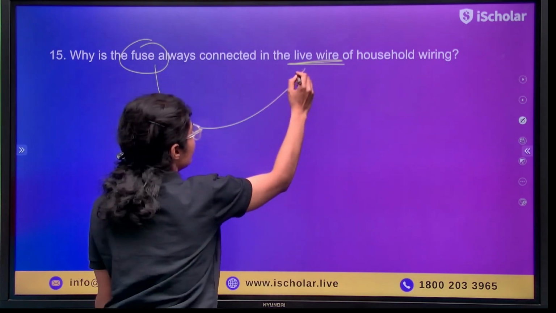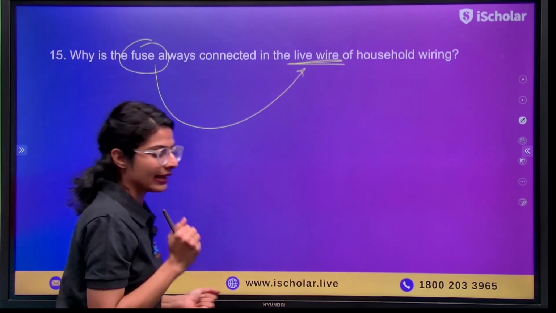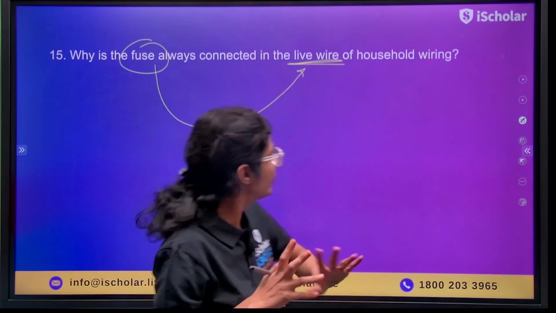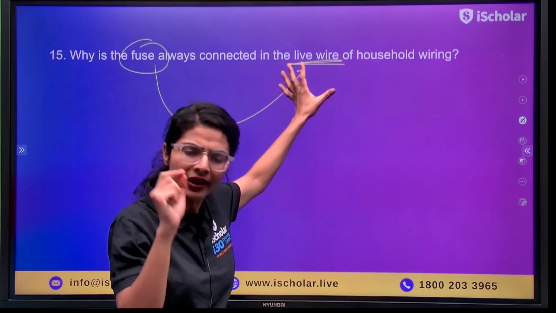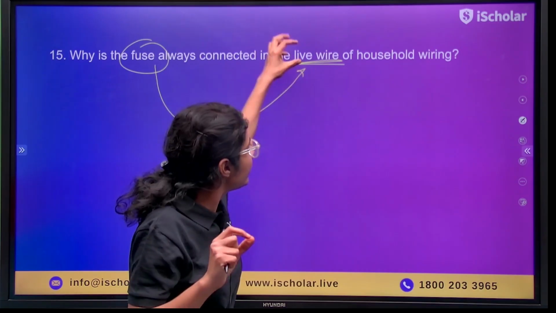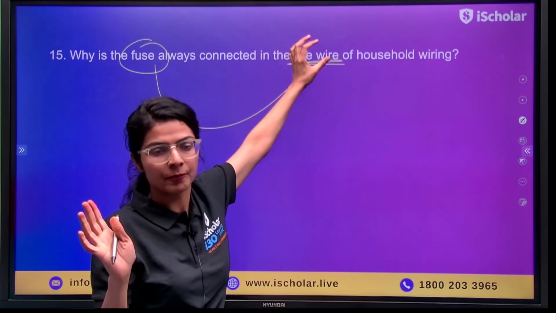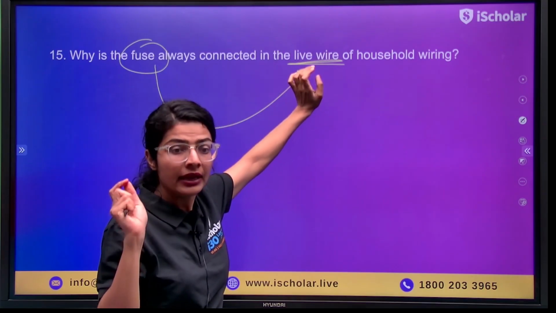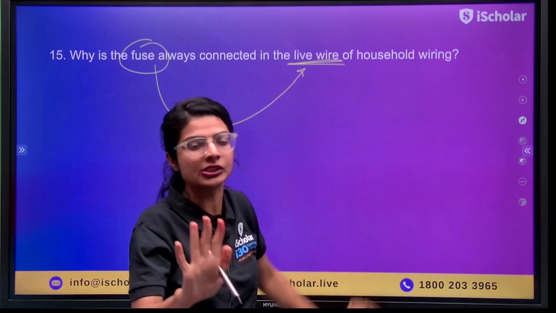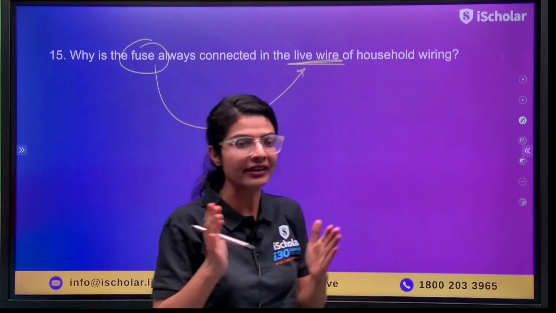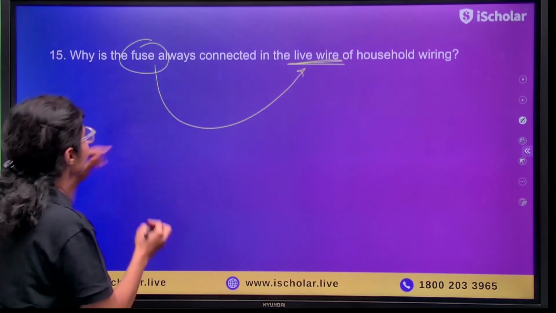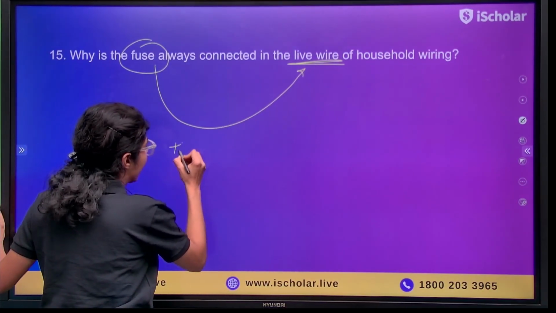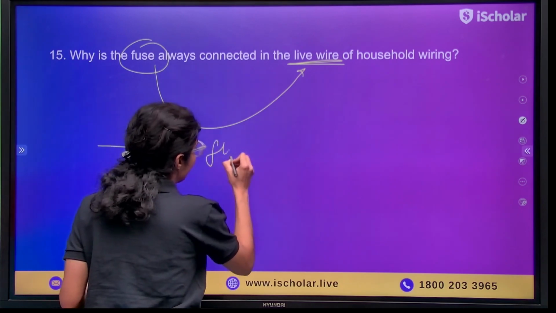Because as soon as the fuse melts or blows, it immediately loses contact with the live wire, and the passage of current would stop and no further current would pass.